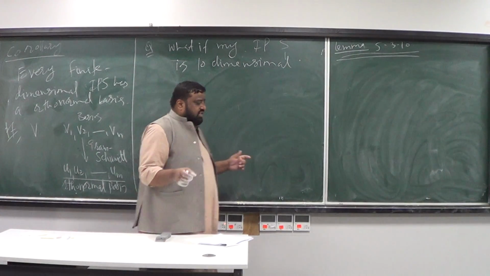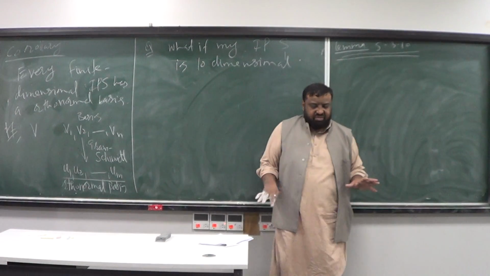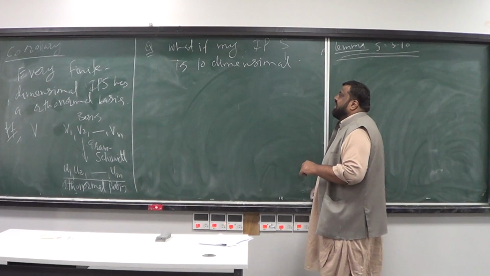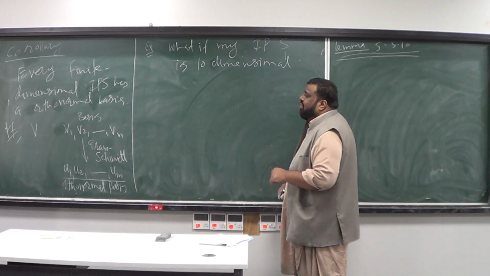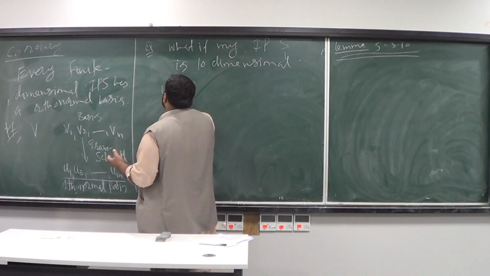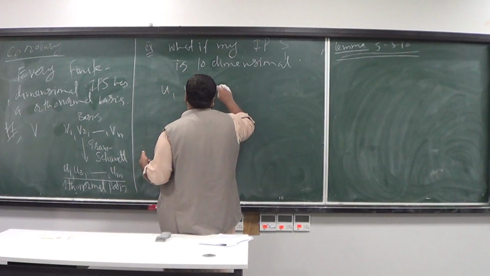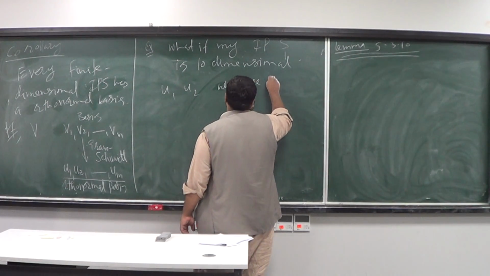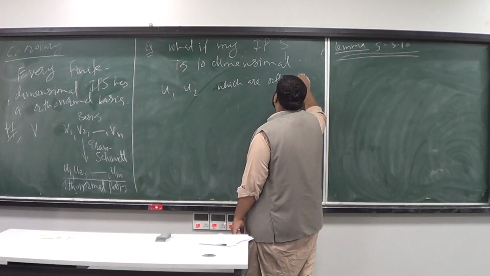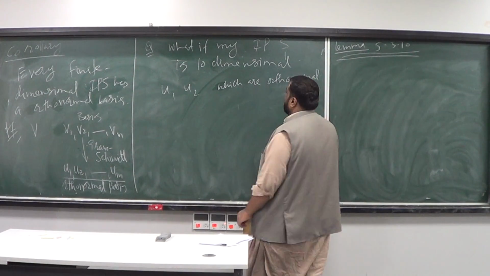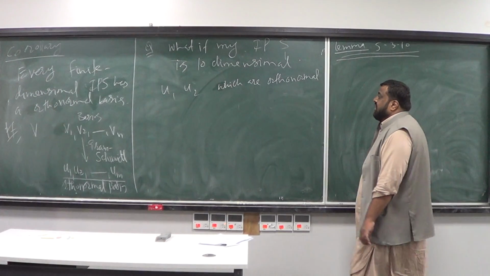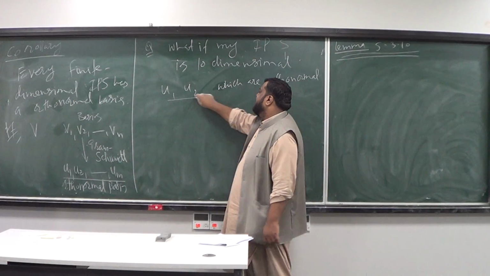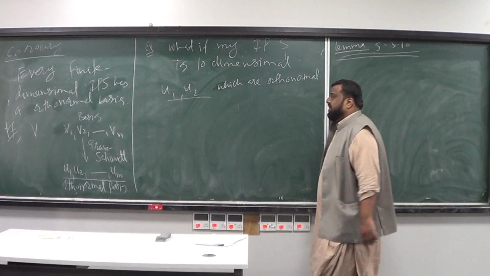So imagine you have a 10-dimensional Banach space, not Banach space, but inner product space, and for example, only two vectors, say u1 and u2, which are orthonormal to each other. So my space is 10-dimensional and I know only two vectors that are orthonormal.